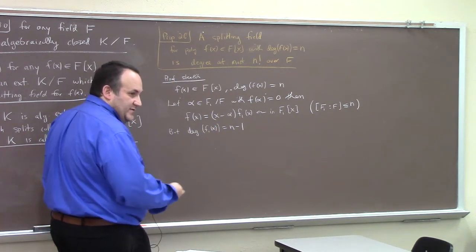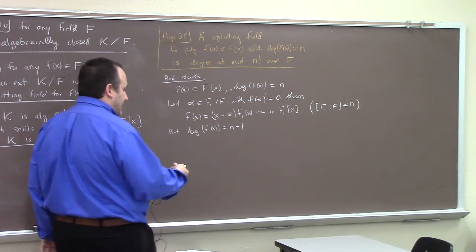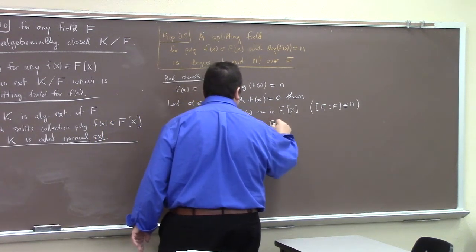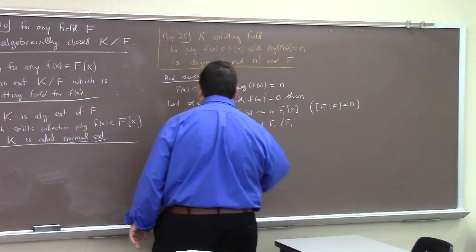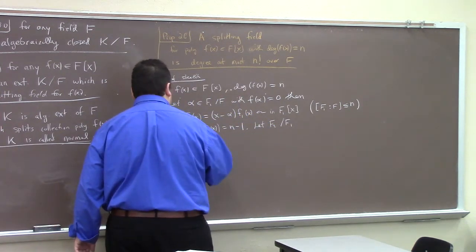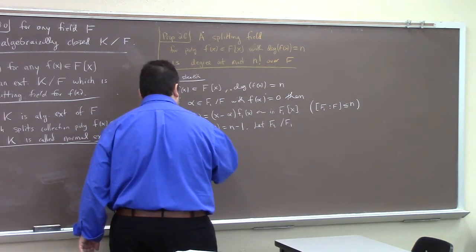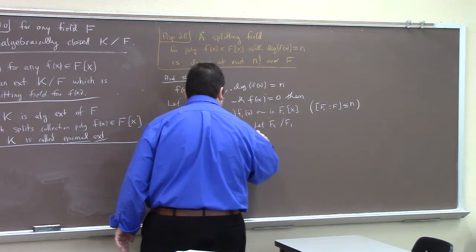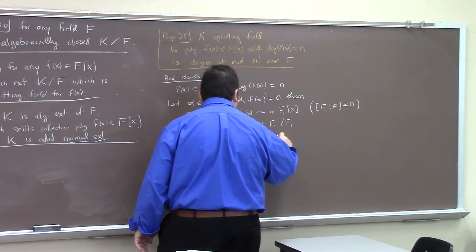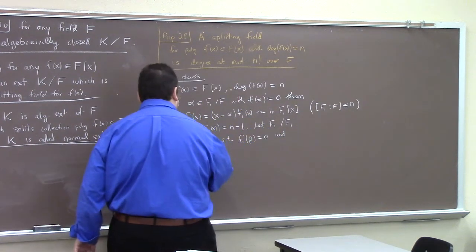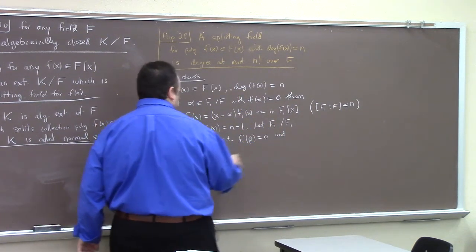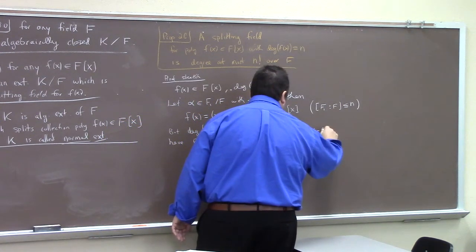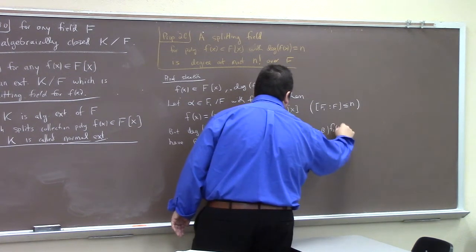But then, using the same theorem, we can find a zero of that. So let F2 over F1 have, let's say, beta in F2 such that f1 of beta equals 0. And so f1 of x is equal to x minus beta times f2 of x.